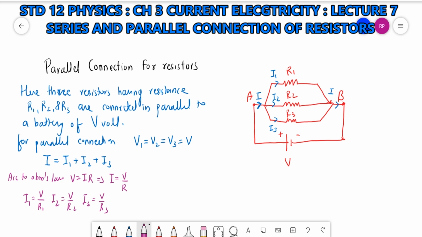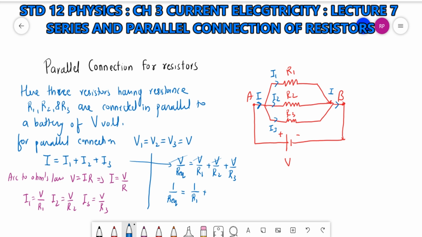So what I get from this equation, I will get V by R equivalent is equal to V by R1 plus V by R2 plus V by R3. So V gets cancelled. So 1 upon R equivalent is equal to 1 by R1 plus 1 by R2 plus 1 by R3.